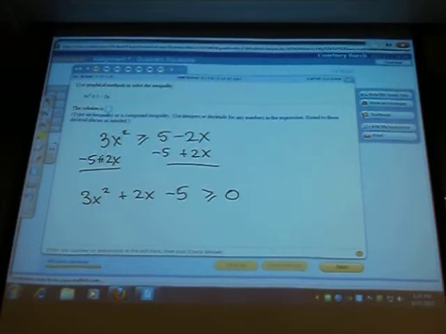So that's your answer? No. Oh, okay. That's what I'm going to look at the graph of. So once I get 0 on one side, I'm going to look at the graph and see where it is positive, because they asked me for greater than or equal to 0. That means positive.